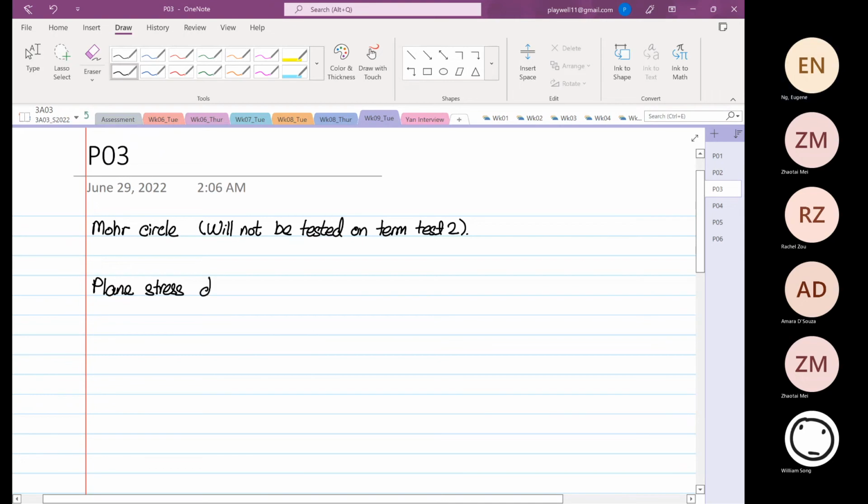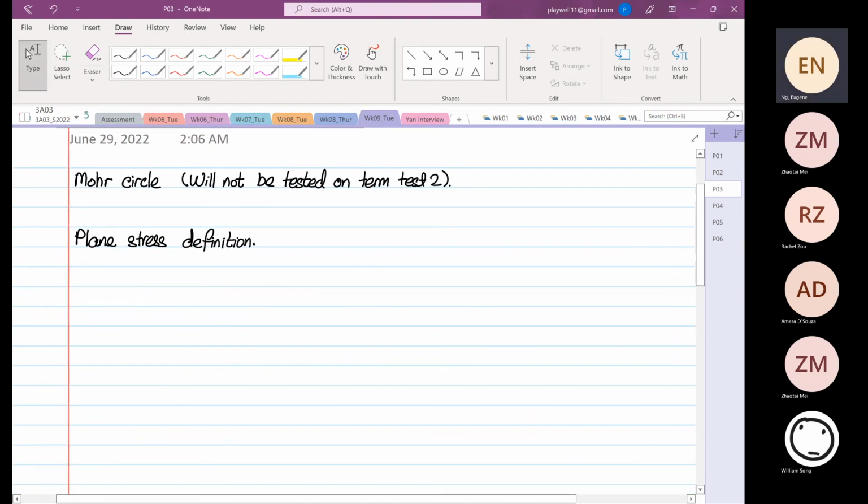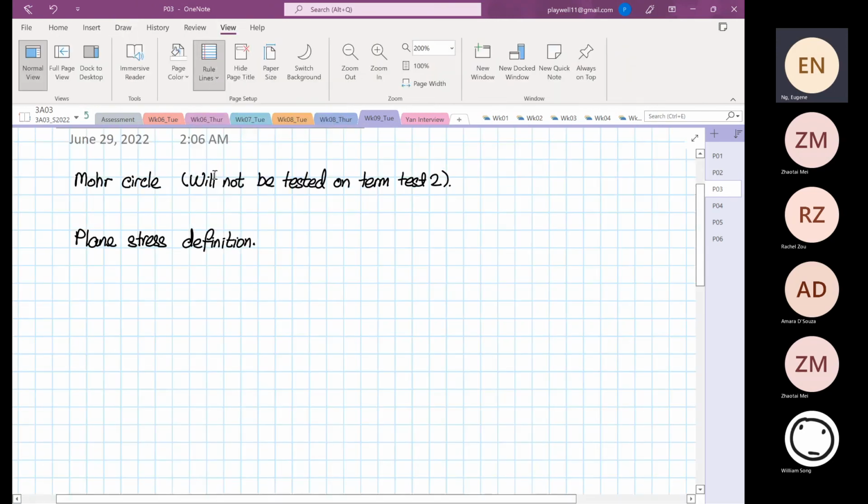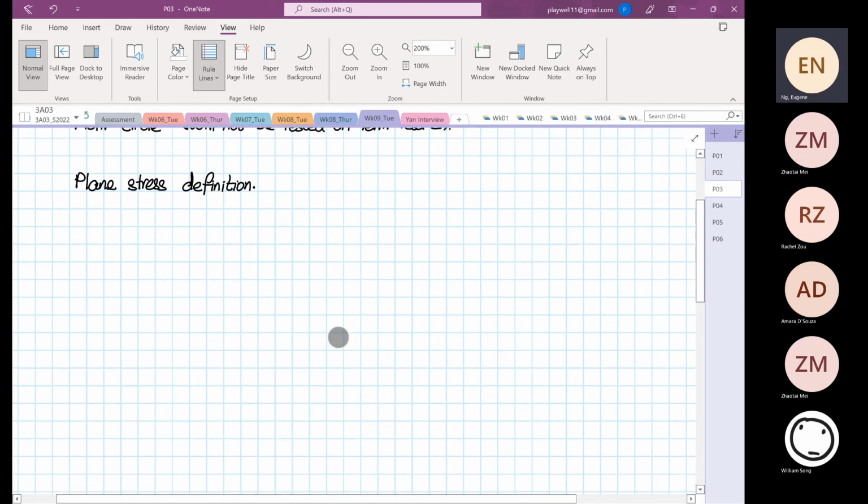Definition. Okay, so you read the textbook and they say the structure is under plane stress. What does it actually mean? Okay, so I'm going to construct a 3D element now.